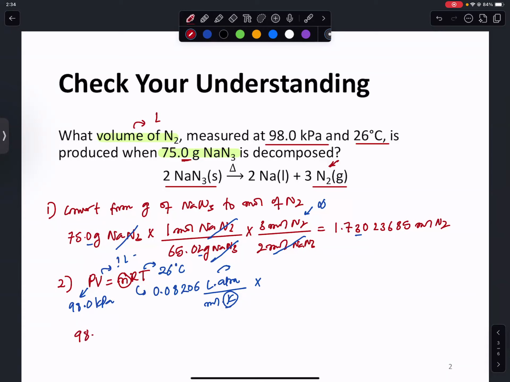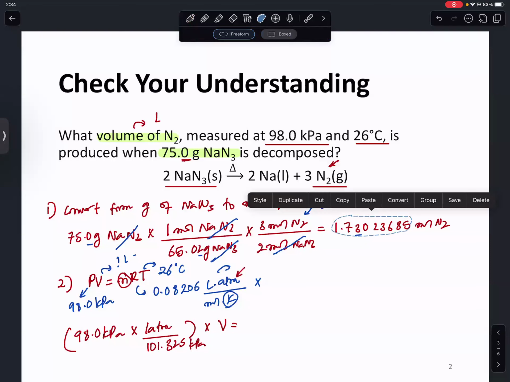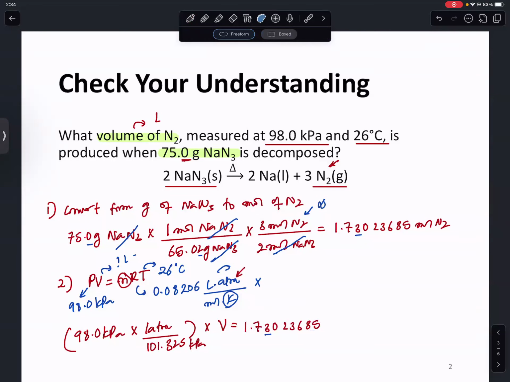So 98.0 kilopascals. Note that the pressure in the constant is in atmospheres. So I will convert from kilopascals to atmospheres, which, by the way, conversion is given to you on your formula sheet. No need to memorize anything. Times volume, which I want to find, times the moles, which is given to me right here, or I already determined it.